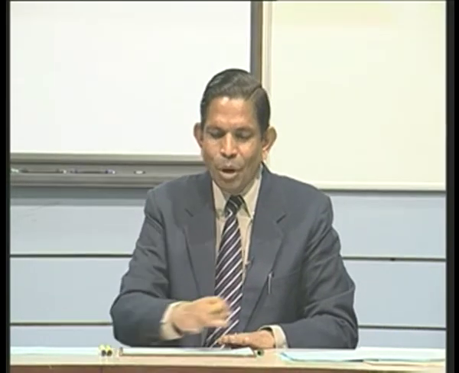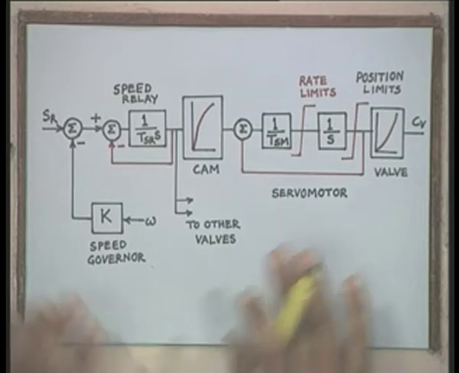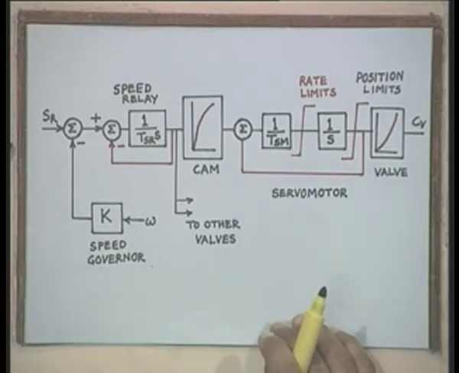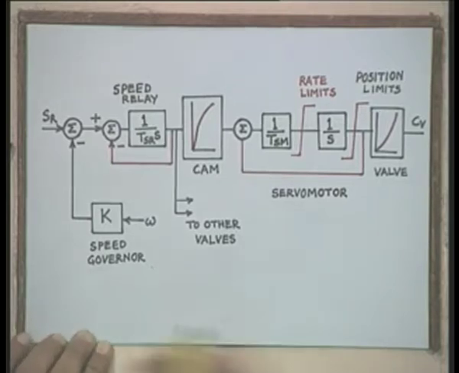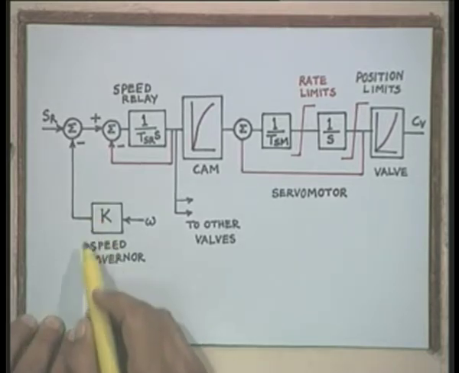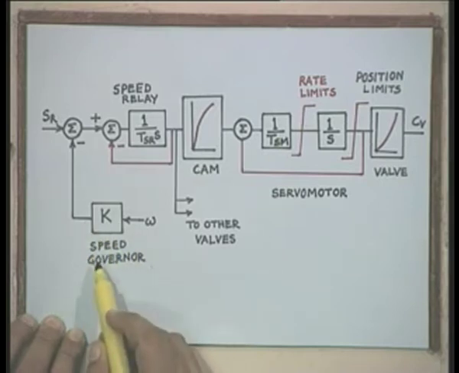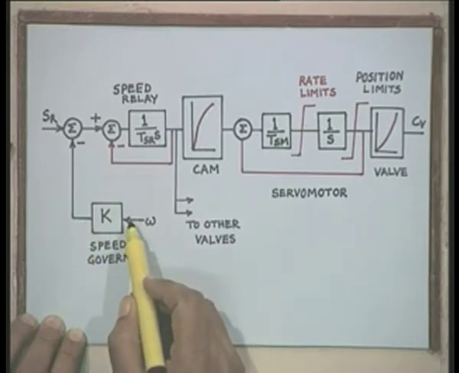Now, this block diagram represents the transfer function model of a steam turbine governor. We can just start like this. This is the speed governor, input to this is the speed.